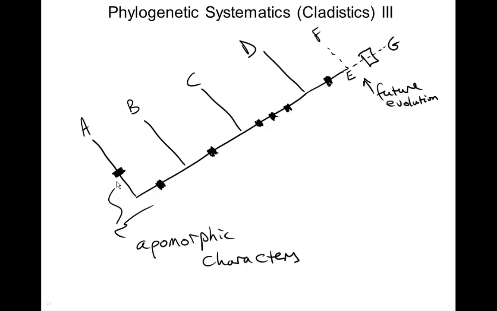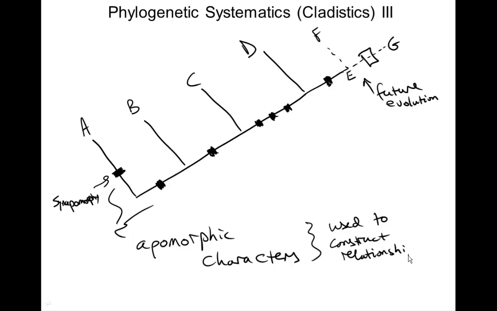So for example, this one right here is actually a synapomorphy, because it's an apomorphic character that defines a clade. And so these apomorphic characters are used to construct the relationships in the cladogram.